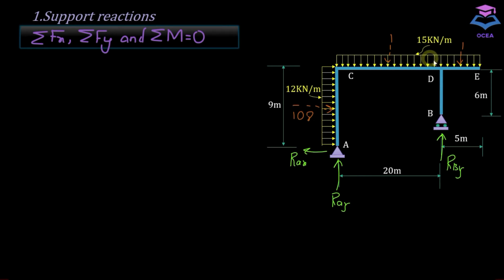And the area of this UDL is equal to 15 multiplied by this distance, which is 20. So 15 multiplied by 20 would give me 300. And for this point load, we have 15, which is the intensity of the loading at this 5 meter span length. So 15 multiplied by 5 is equal to 75 kilonewton.